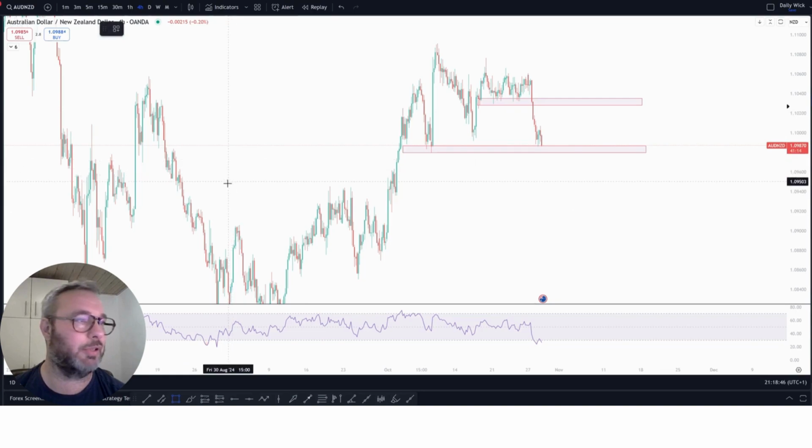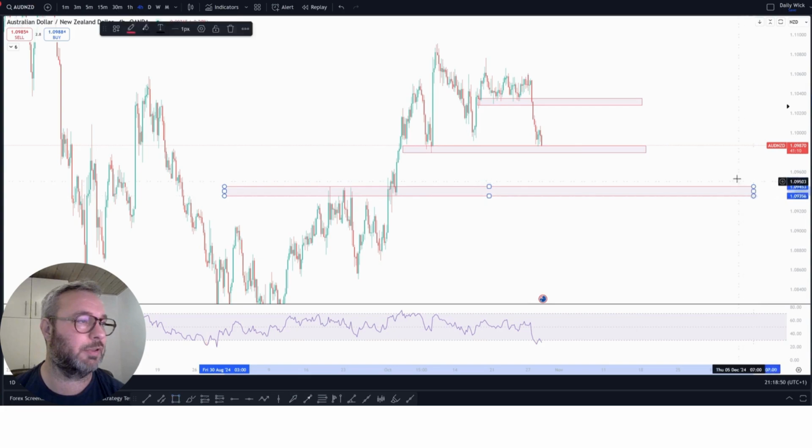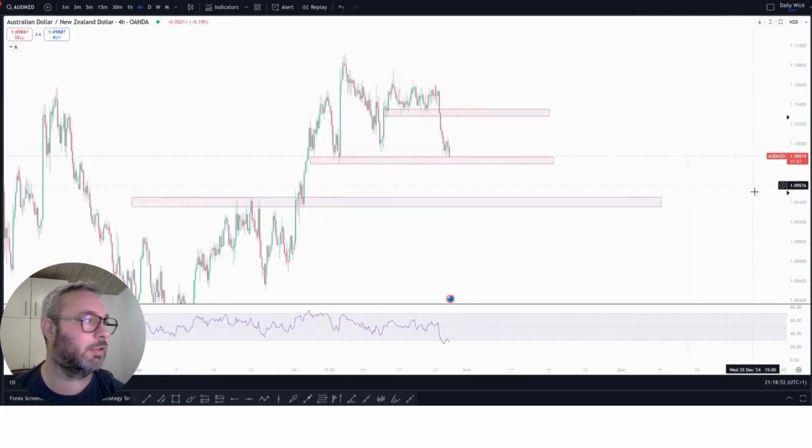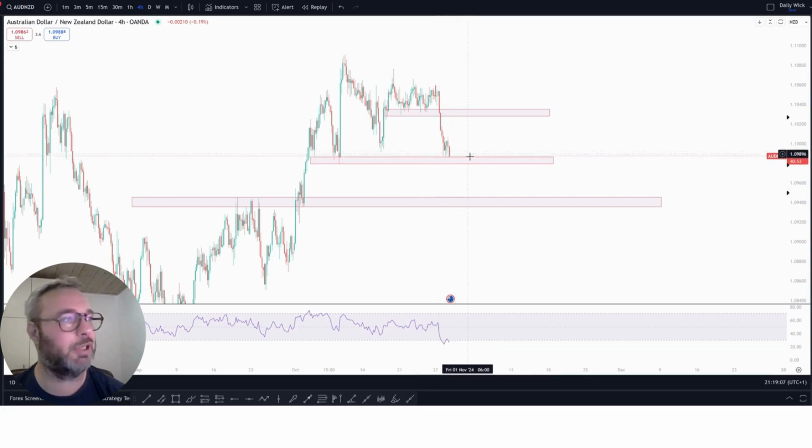Next support level is down here. Alert here and here, so an alert below here. If the price goes down, I want to see a bearish retest and then short. If it starts to range and shows some bullish momentum, I will be looking to long it here.